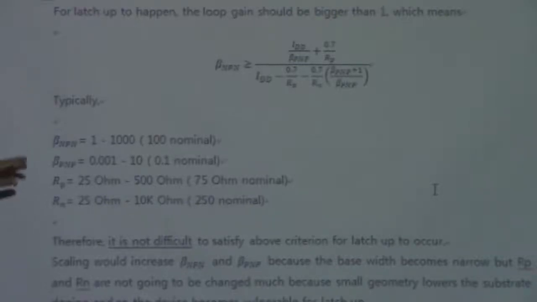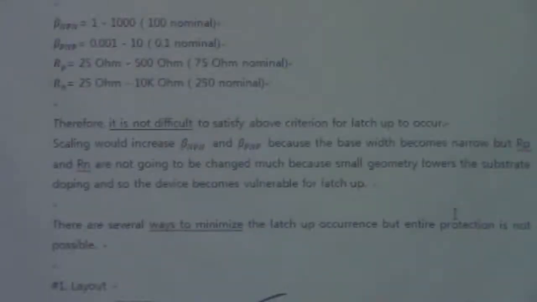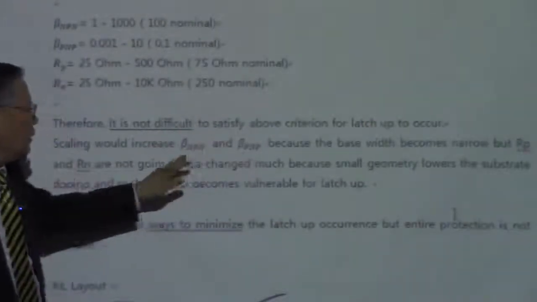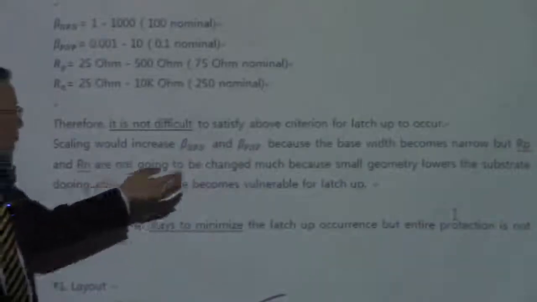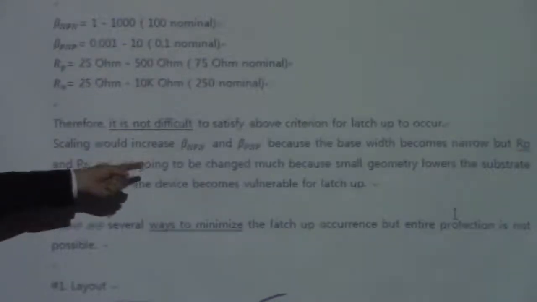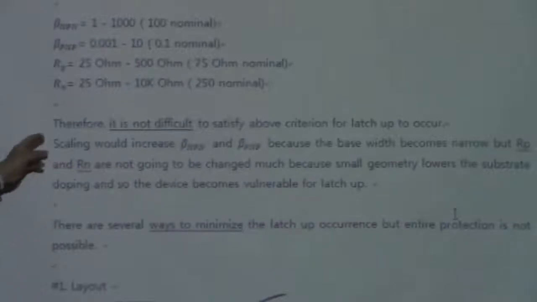So scaling increases the lateral and vertical bipolar transistors' gain, because the base width becomes narrow, which is going to enhance the gain of the bipolar transistors. So the scaling is not good as far as the latch up is concerned.